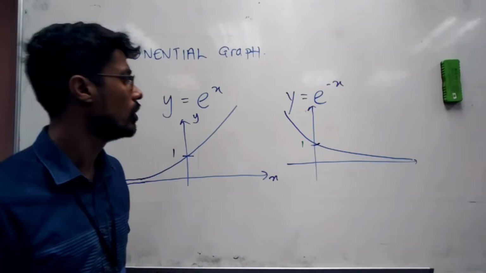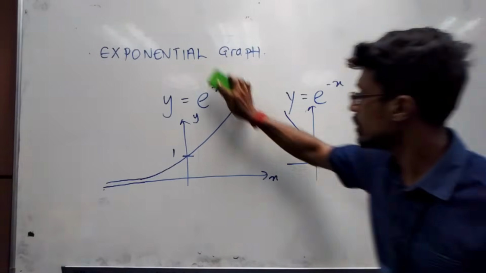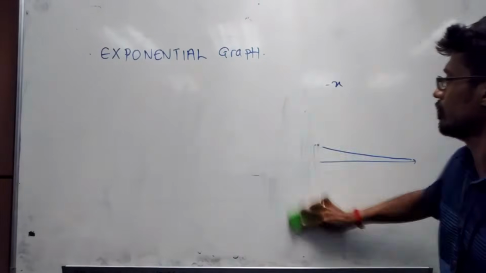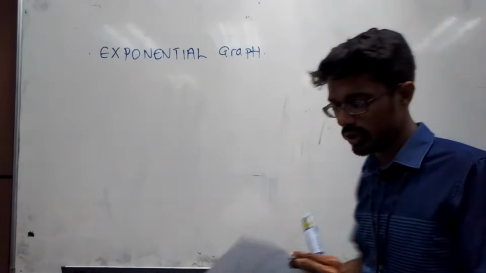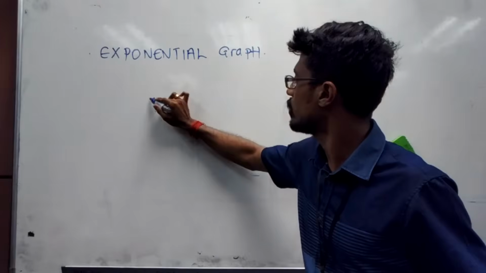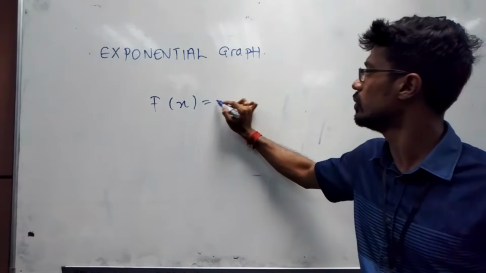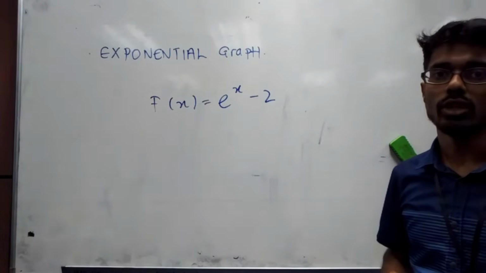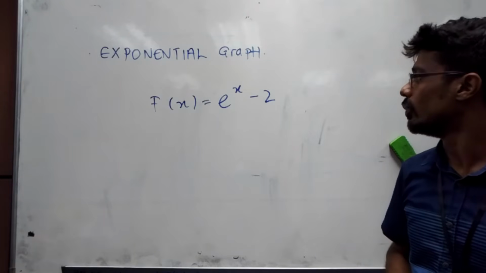So without wasting time, let me show you how we are going to sketch the graph. Let me get rid of this first. The first example is f(x) equals e^x minus 2. What I'm going to do is very simple.